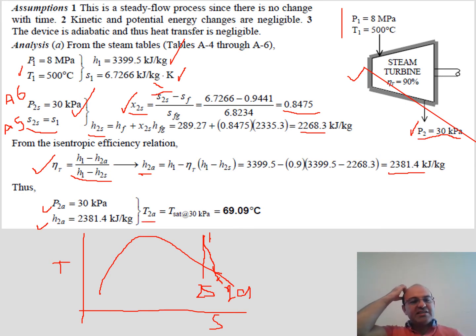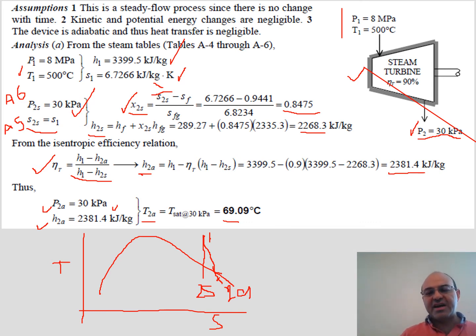It's possible that point 2A remains under the dome, or it may actually become superheated a little bit, depending on how isentropic the process is, but in this case it appears that it is still under the dome. Therefore T2A is the saturation temperature associated with 30 kilopascal, which is 69 degrees C.